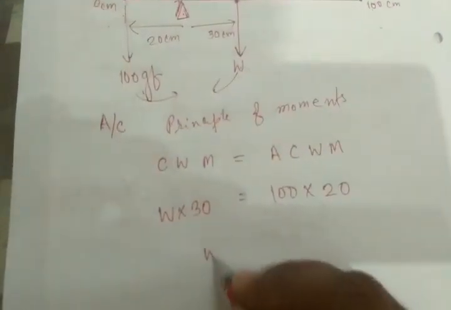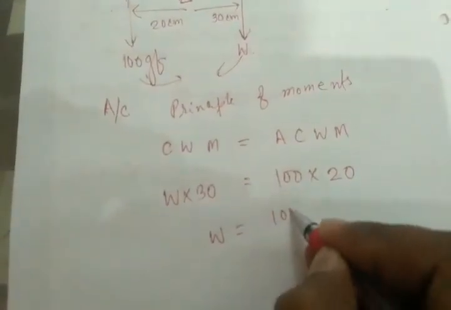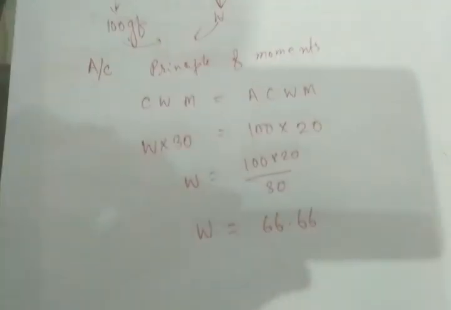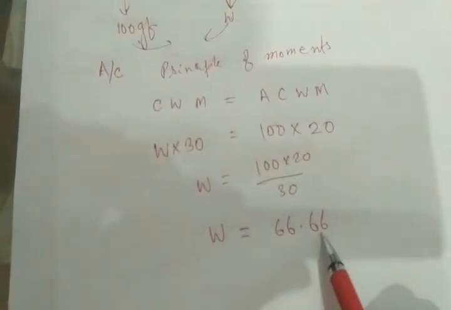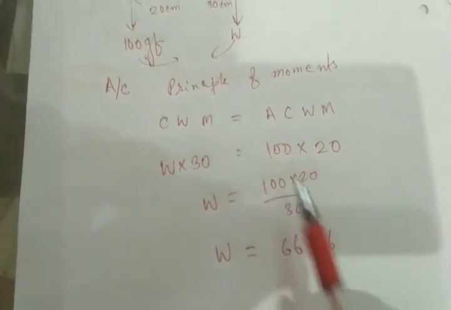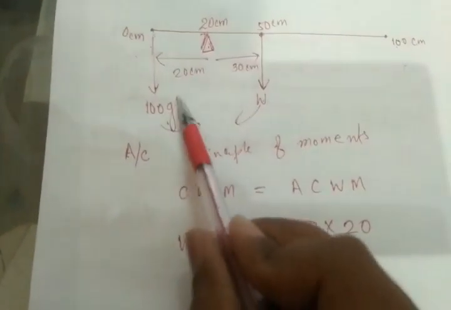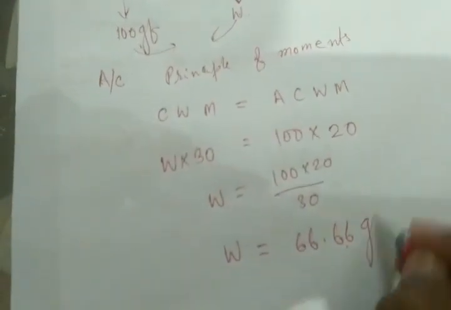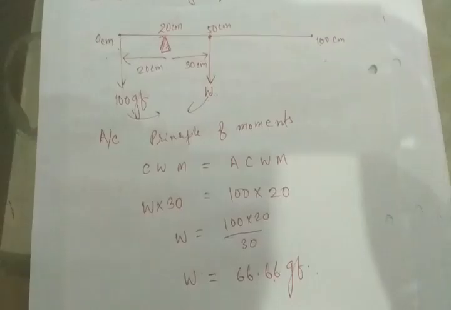On calculating, W comes to 66.66. The unit of the force was gram force, so the unit of this weight will also be gram force.